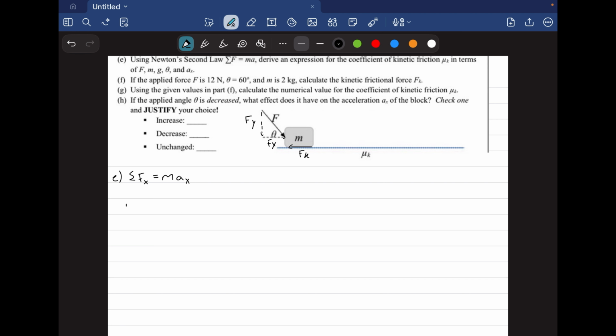So Fx minus Fk is equal to max. And then we know that mu k is equal to Fk over Fn. I can just move this over. So Fk is equal to mu k Fn, right? Which is what we're trying to find.